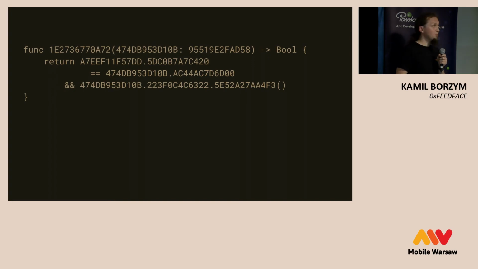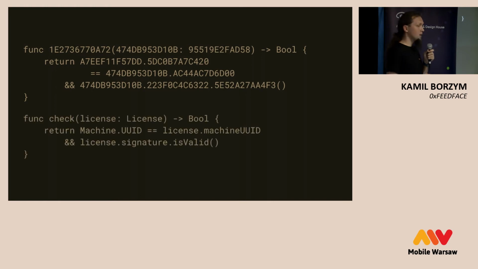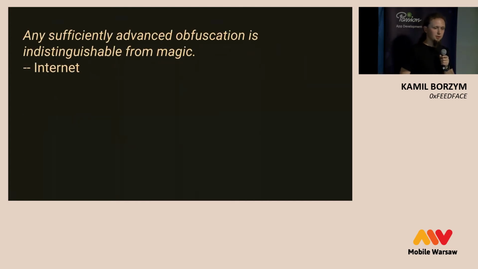So this is an example of symbol obfuscation. Without this obfuscation, this function would be pretty easy to find, very easy to modify, and the whole app would be very easy to crack.